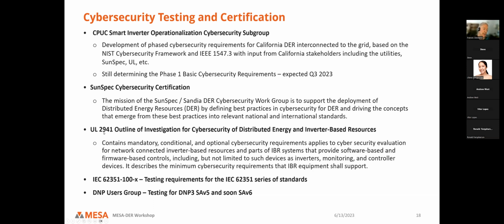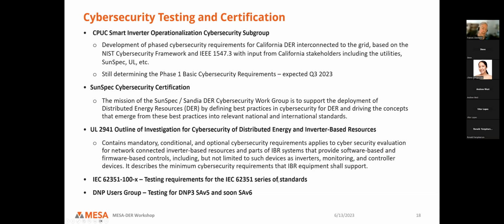UL has UL 2941, an outline of investigation for cybersecurity for DER and IBR, the inverter-based resources, as well as IEC 62351, which has a lot of testing requirements for the 62351 series of standards.